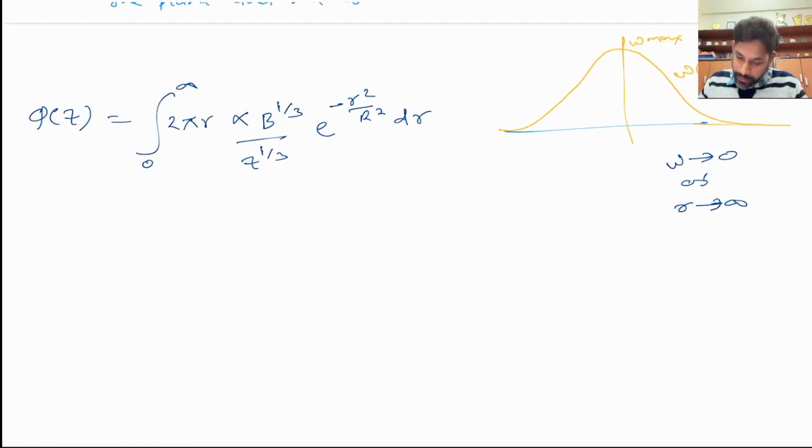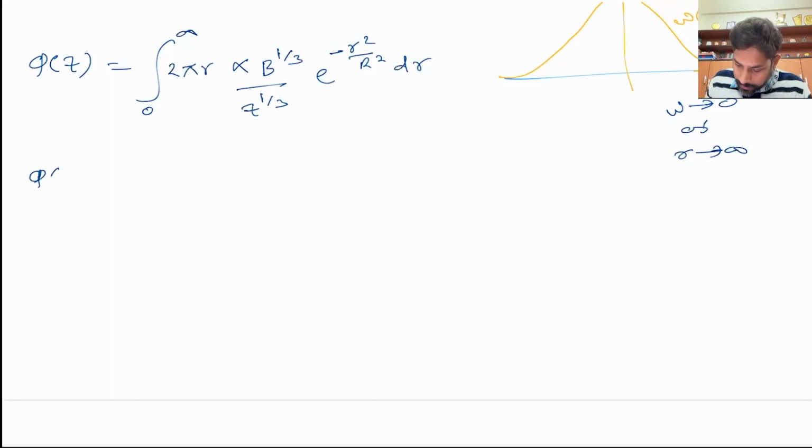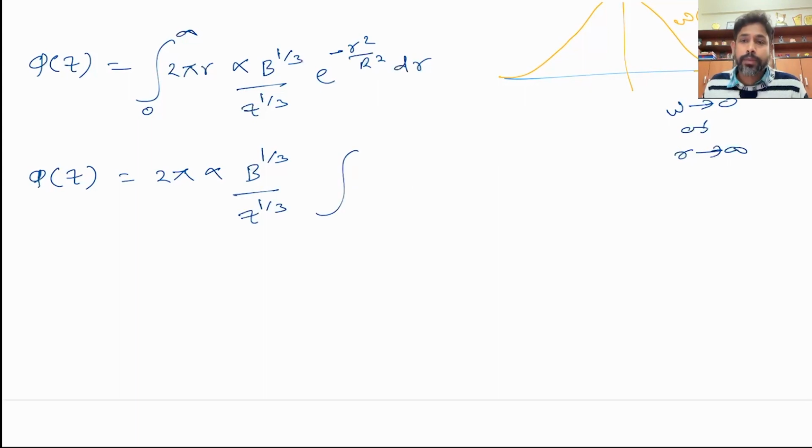All right, so here we know some of the terms are constant, so we will take the constants out, which are 2 pi alpha. B is also a constant because it does not change with height, and z is a constant because this integration is with respect to r.